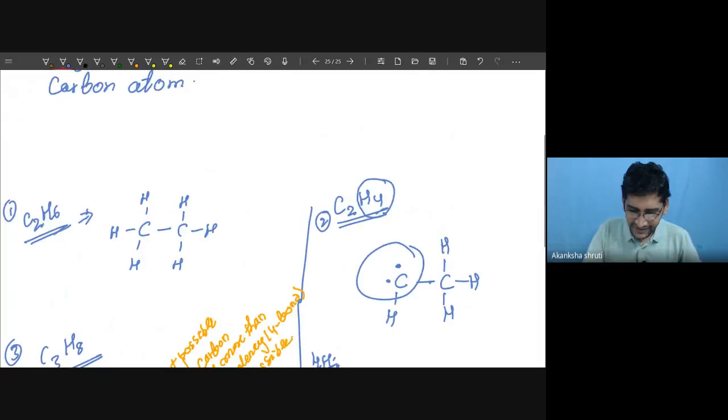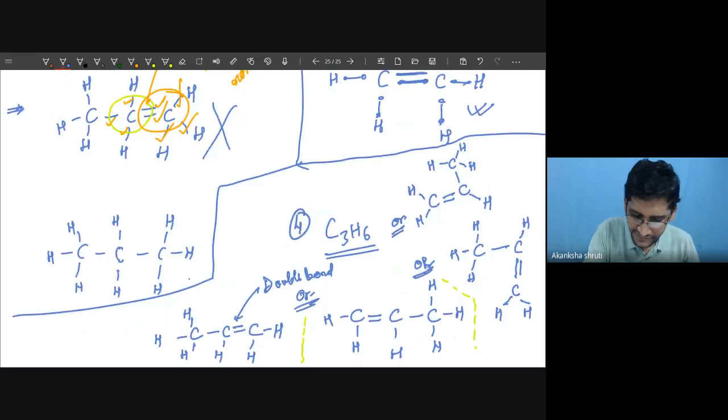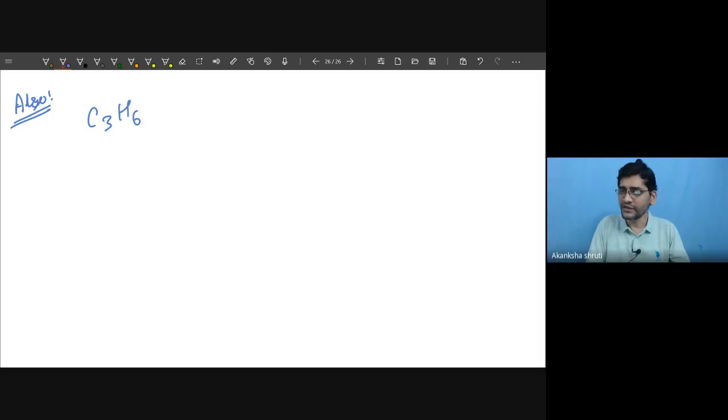Now, students, another interesting thing. Come to this fourth one. C3H6 I had taken. One of you may think: one carbon, another carbon, the third carbon.